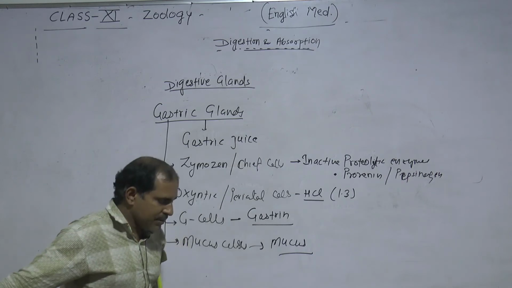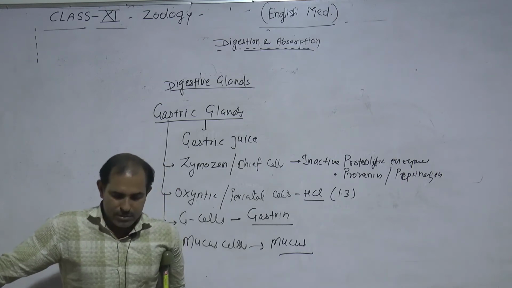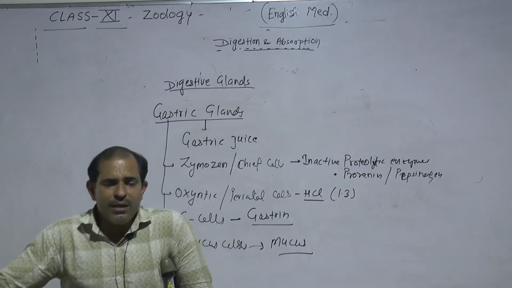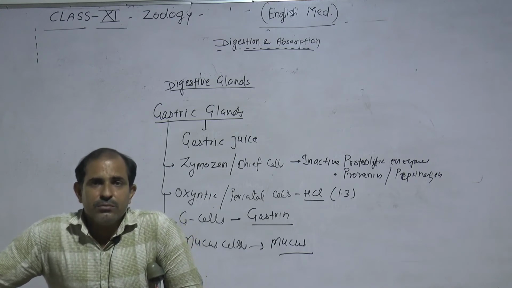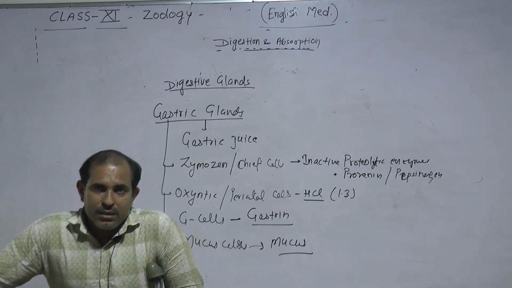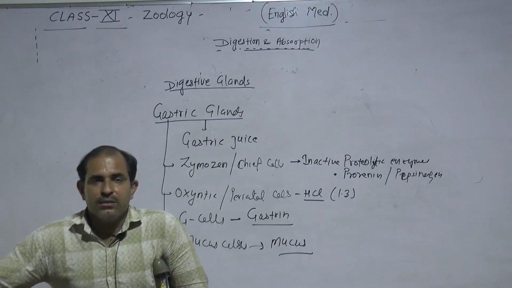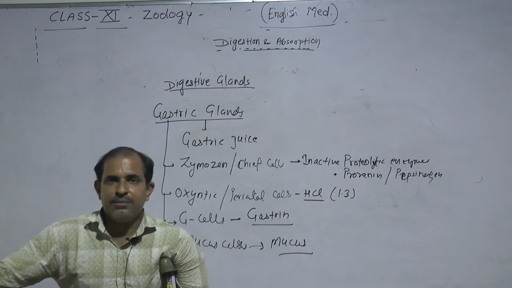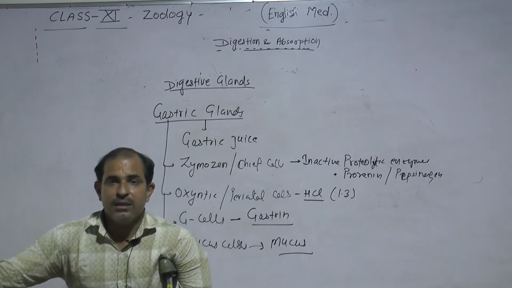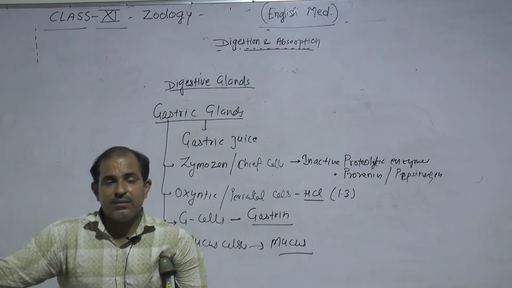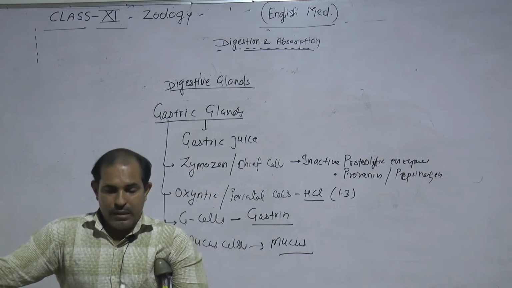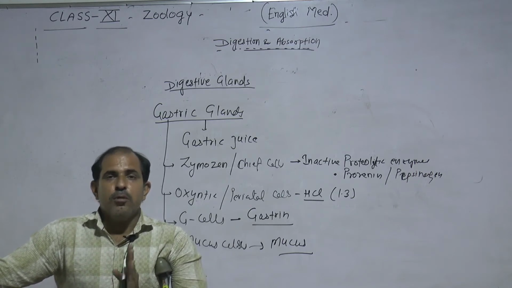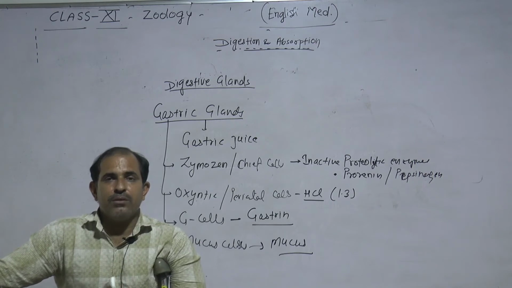The gastric glands are present in the wall of the stomach, and these glands secrete gastric juice. The gastric glands consist of different types of cells, such as zymogen cells, which secrete inactive proteolytic enzymes. Oxyntic or parietal cells secrete HCl. The HCl activates the inactive proteolytic enzymes. It converts prorenin into renin and pepsinogen into pepsin.